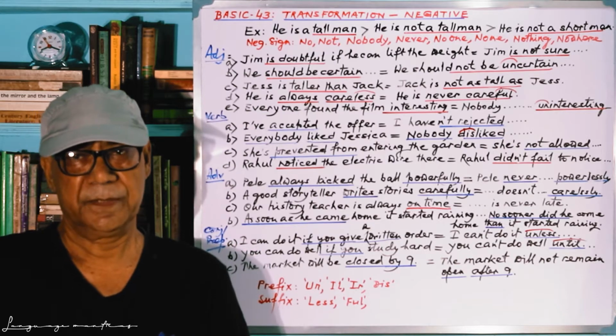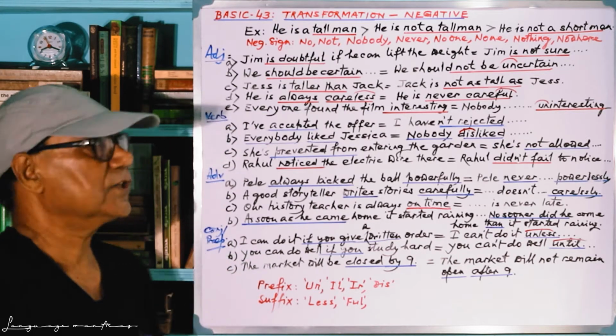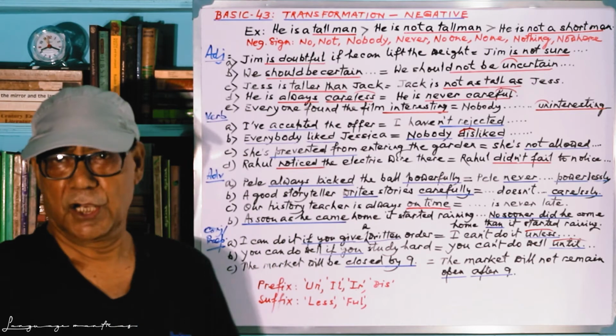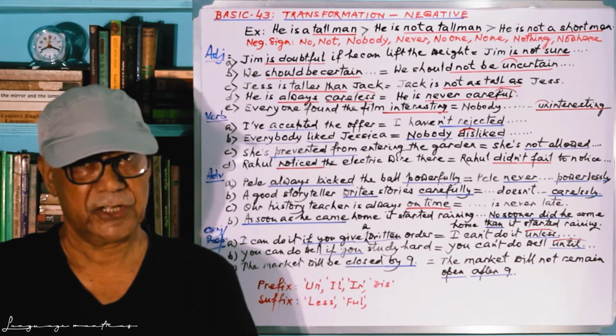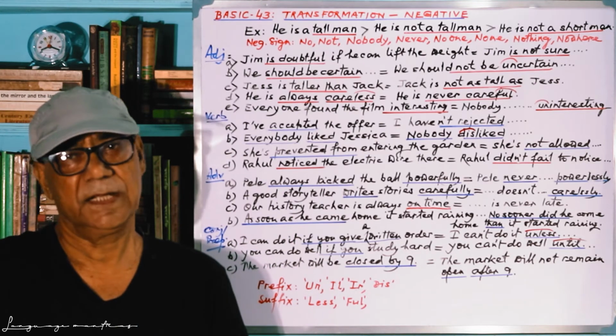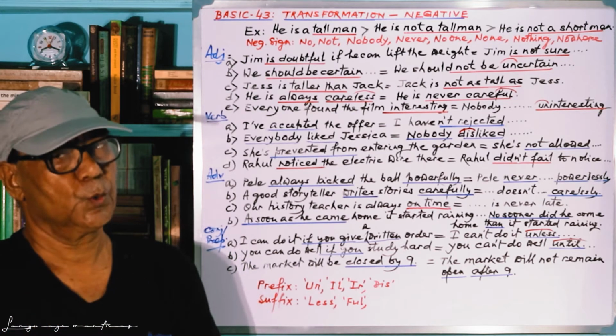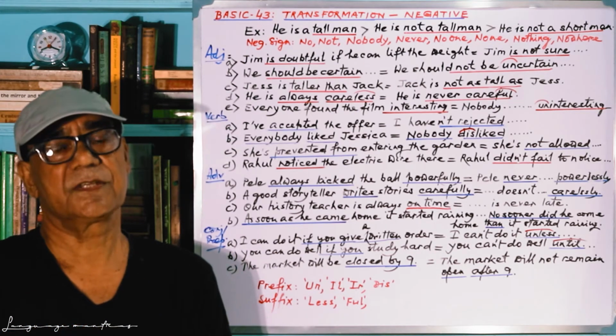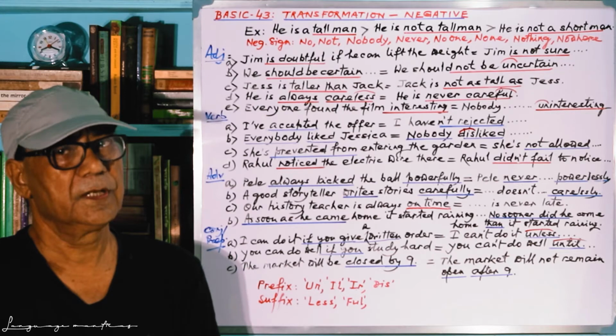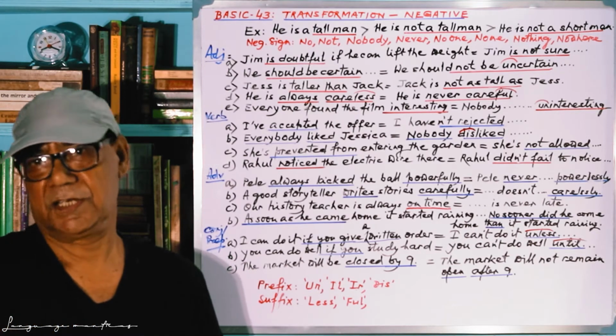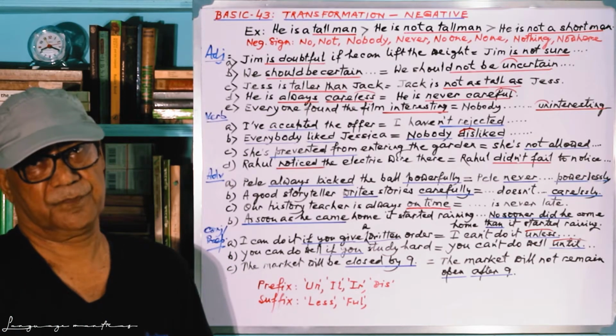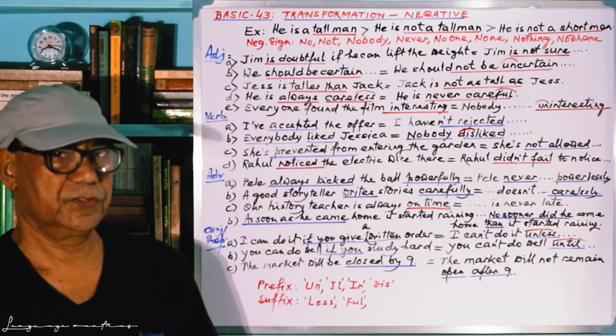Good evening, everybody. This is Basic English session number 43 of our Language Mantra channel. Actually, in session 42, we tried to discuss how to transform an affirmative sentence into a negative sentence. In fact, we have two options here.